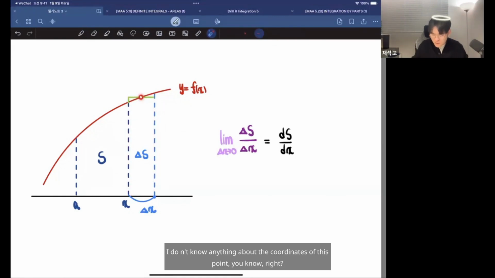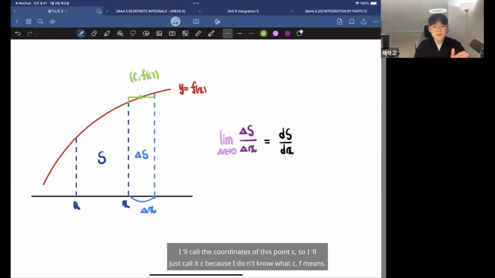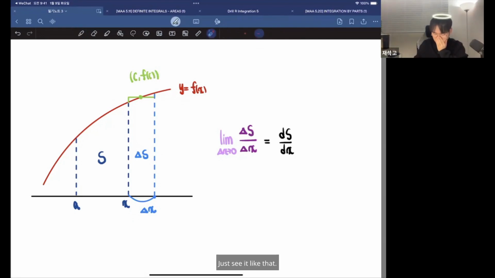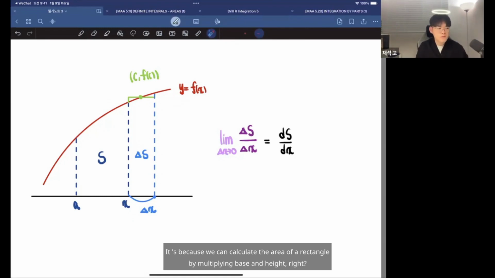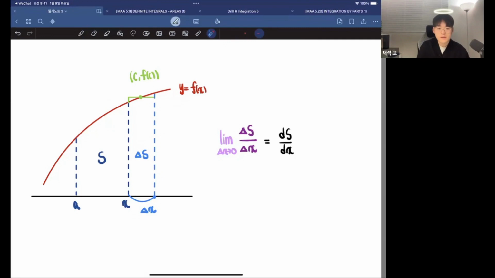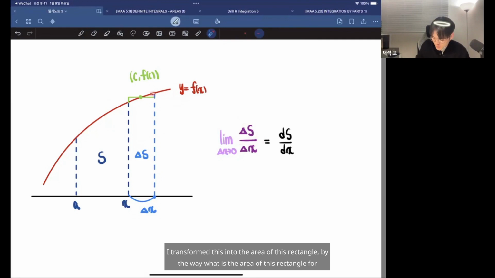I don't know anything about the coordinates of this point, so I'll just call it C. Why did we change the area to a rectangle? It's because we can calculate the area of a rectangle by multiplying base and height. So this delta S, I transformed into the area of this rectangle.